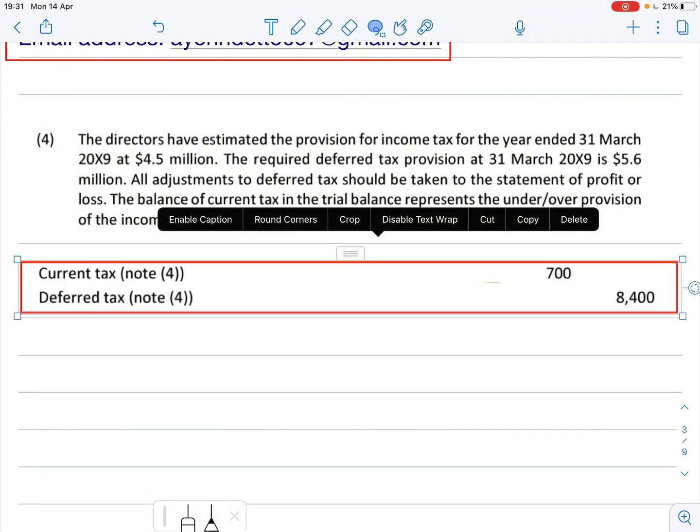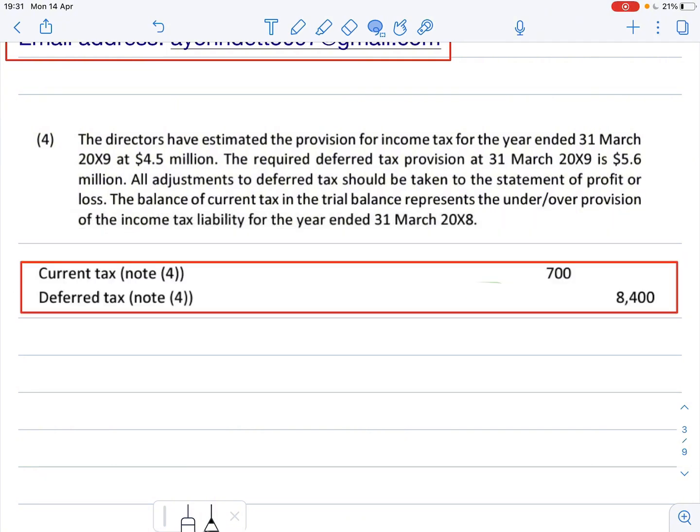Okay, so it is the usual for the examiner to tell us the notes that the items in the trial balance relate to. So for instance now, these two items on the trial balance, current tax and deferred tax, if you look at them very well, the examiner already cross-referenced them, saying note 4.